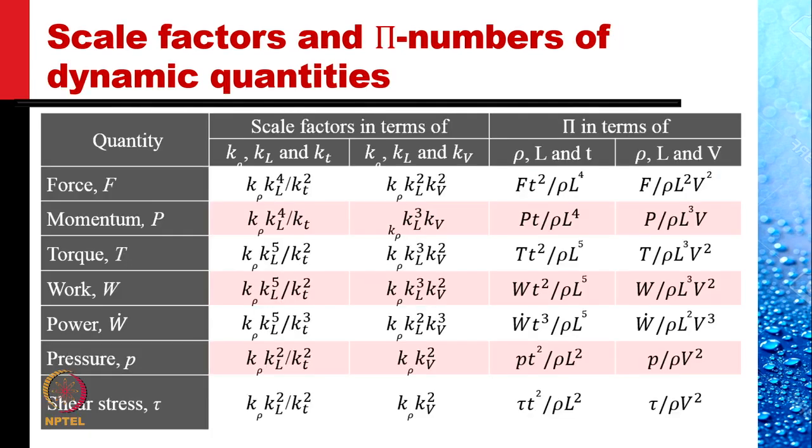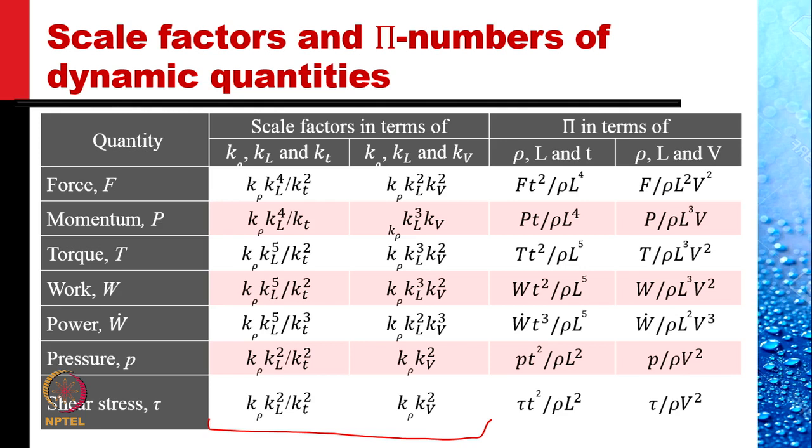Once we did it for force, we could do it for other dynamic quantities like momentum P, the torque T, work done W, the power, work per unit time W dot, the pressure P, the shear stress tau. These columns list the scale factors in terms of K rho, KL and KT in the first column and K rho, KL and KV in the second column, similar to what was done for the kinematic quantities earlier.